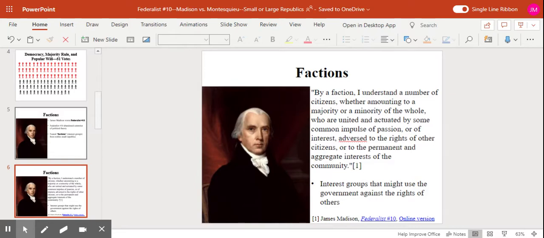So Madison recognizes this problem, and he says that this problem is more prevalent in small republics because in small republics, more can be done with less numbers of people.